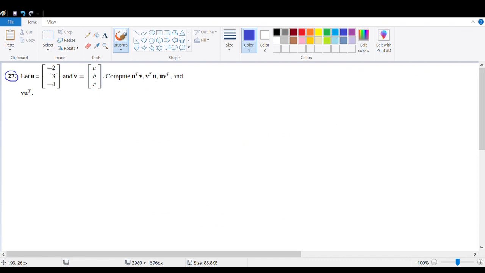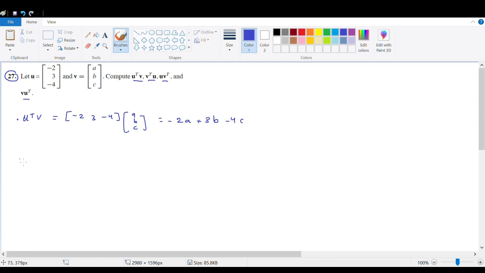In 27, we are given the vector u and the vector v. We need to compute these multiplications of vectors. So now we need to find the first one, u transpose v. That means first we need to transpose u. This will give us the row -2, 3, -4, multiplied by the vector a, b, c. This will give us -2a plus 3b minus 4c.